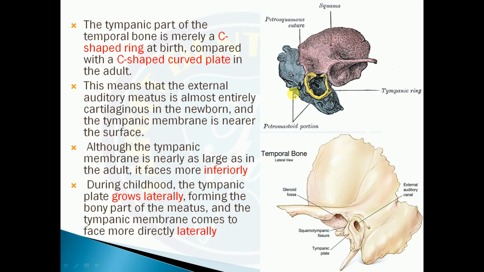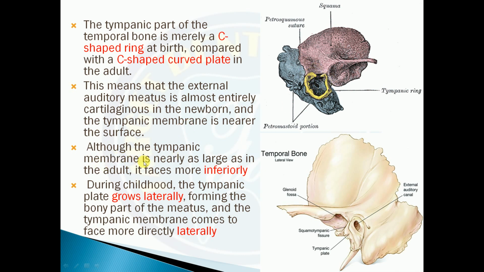Coming on to the tympanic part. The tympanic part of the temporal bone is merely a C-shaped tympanic ring, and in the adult it is not so prominent. The external auditory meatus is almost entirely cartilaginous in the newborn, and the tympanic membrane is nearer the surface.